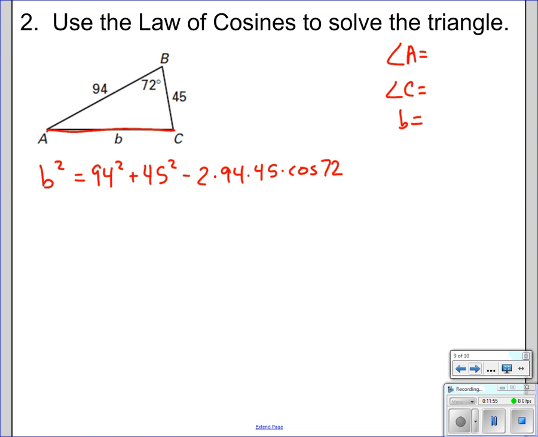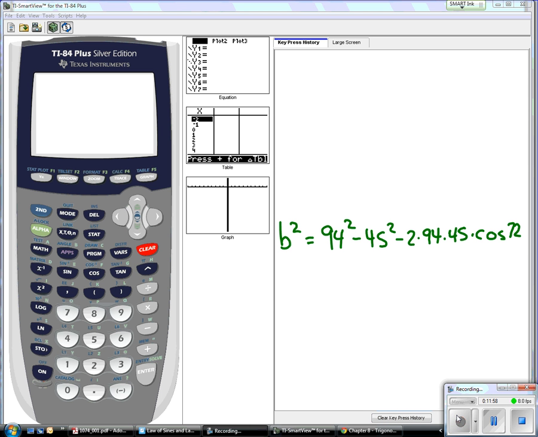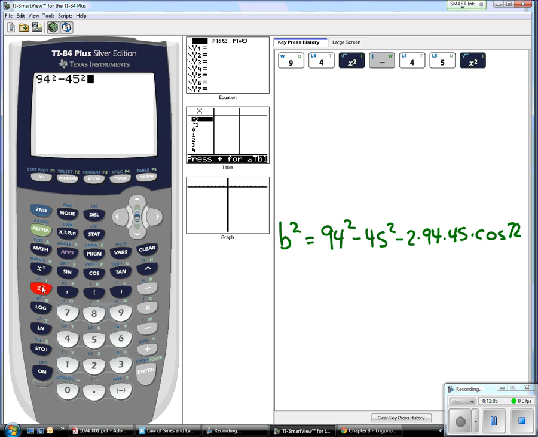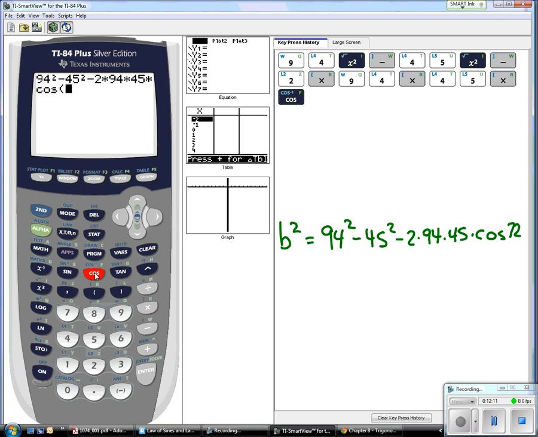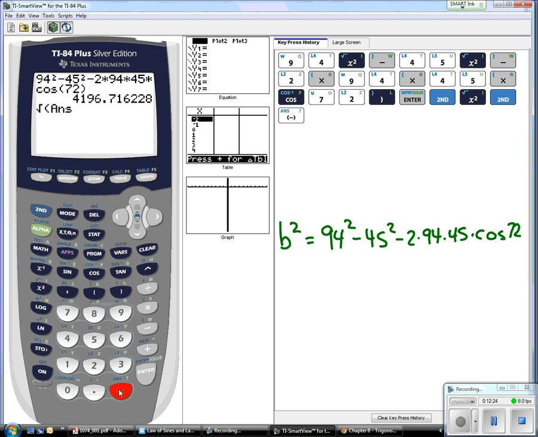So let's type that in our calculator exactly how you see it. 94 squared minus 45 squared minus 2 times 94 times 45 times the cosine of 72. Close the parentheses, press enter. Now remember that's b squared, so we need to square root it. Second, x squared is your square root button. That answer, close your parentheses.